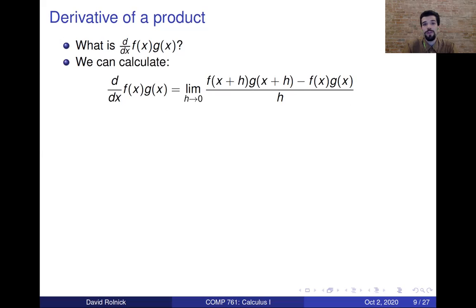Why is that formula true? Okay, so there's a good suggestion.